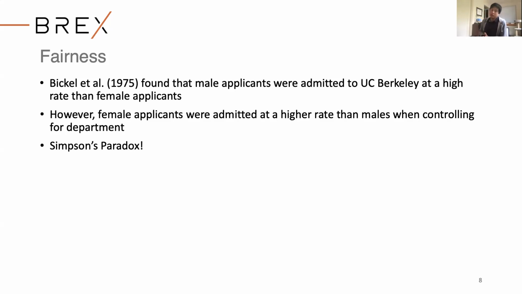The interesting thing was that female applicants were admitted at a higher rate than males when you controlled for department on average. This is another example of Simpson's paradox: when you looked at the aggregate data, male applicants were more likely to be admitted, but within an individual department, female applicants were actually more likely to be admitted. So what's going on here?